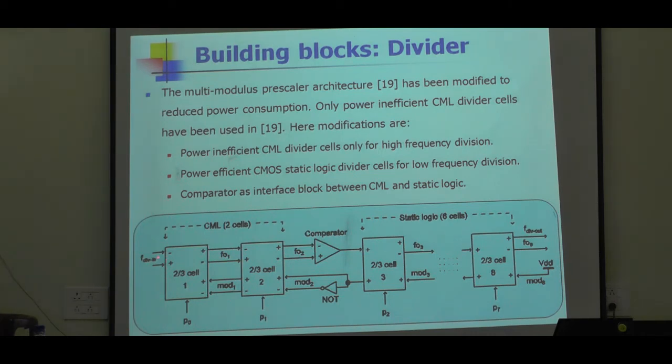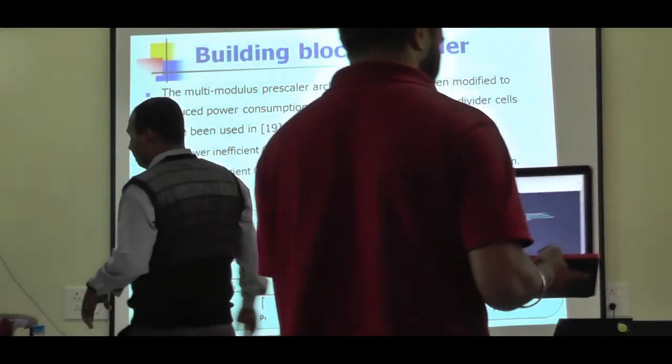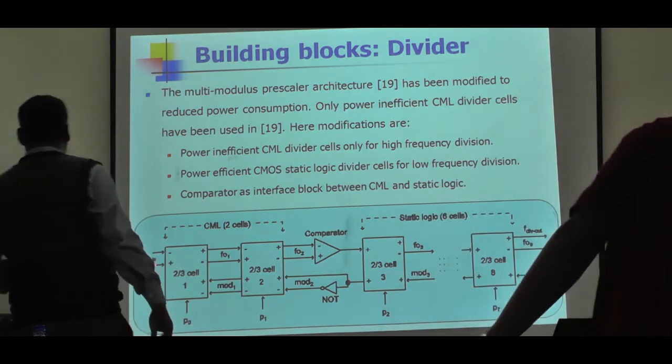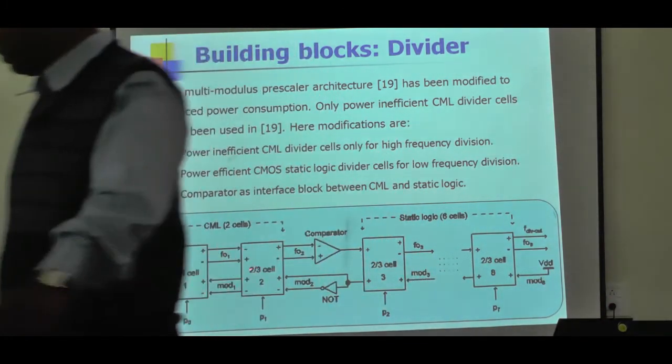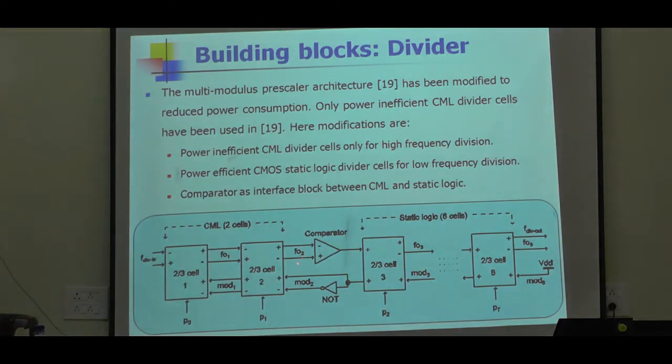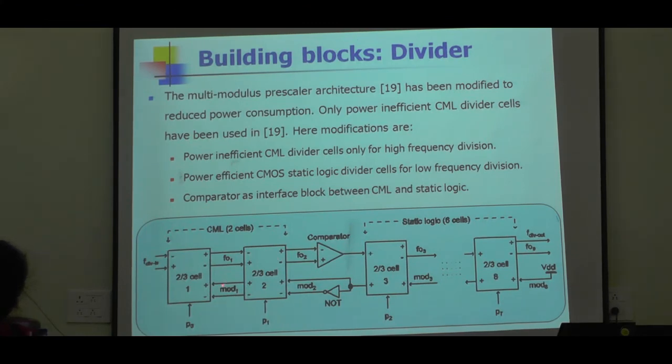But the main problem crops up regarding the performance of this divider, it is also a power consuming term. So what I am advising you is, for a divider where the frequency is, say, 2.4 gigahertz, it is divided by 2, so it becomes 1.2 gigahertz. Then the next one is divided by 3, so it is 400 megahertz. For the first few cells where the frequency is high, you try to implement them using CML logic, current mode logic.